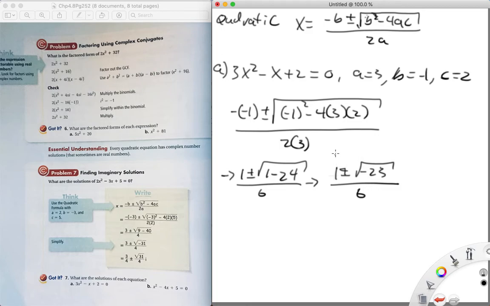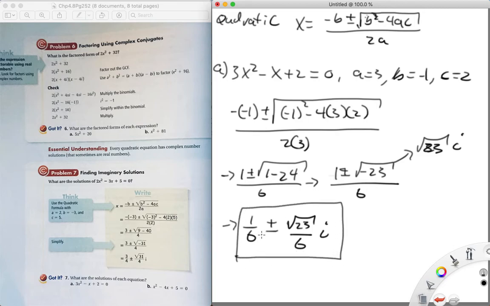We know that this has to be an i here, and we have to divide the 6 out both ways because we want it in a plus bi form. So this is going to be 1 over 6, plus or minus the square root of 23 is root 23i, so root 23 over 6, and then i is going to be at the back.